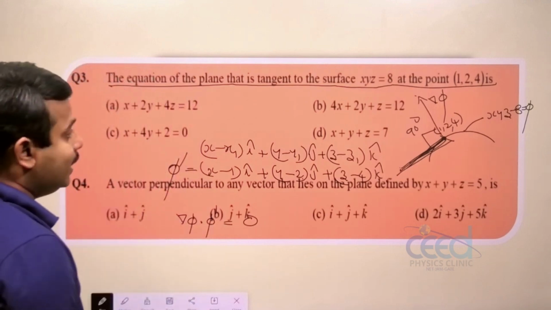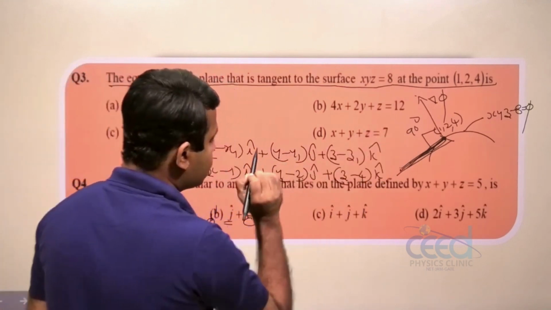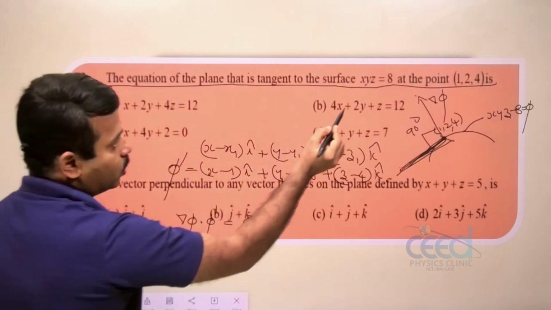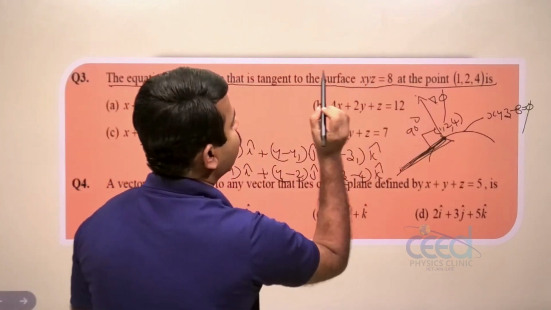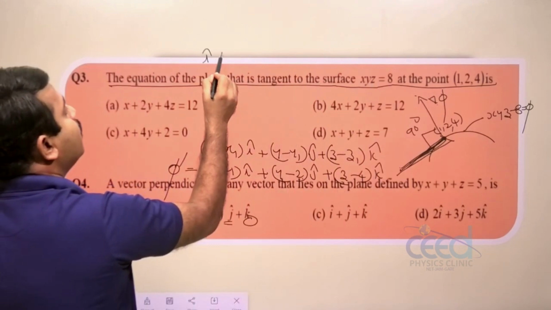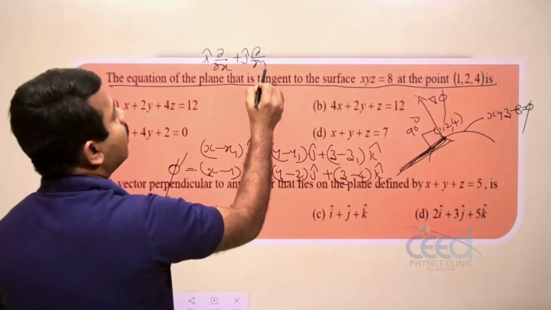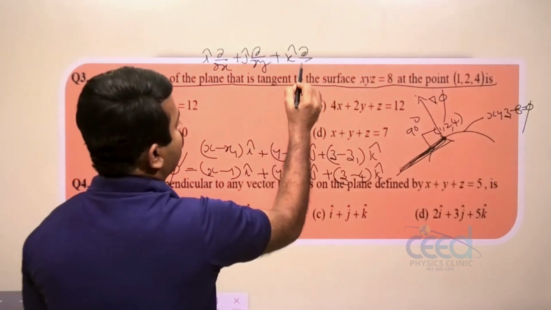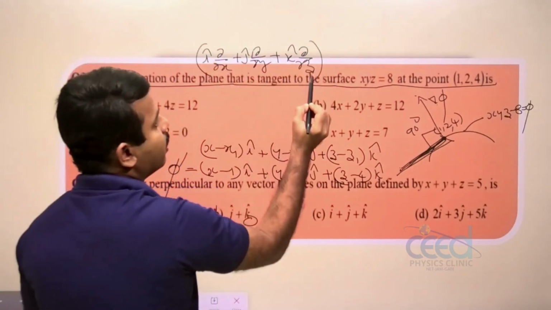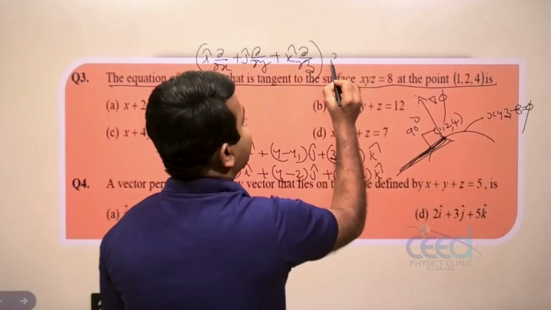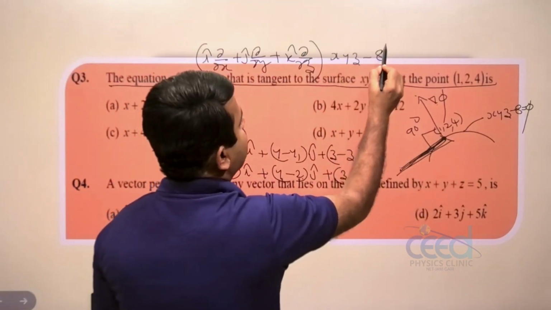So how do we represent this dot product? First you find gradient phi. What is gradient phi? It is i cap dou by dou x plus j cap dou by dou y plus k cap dou by dou z. This is the gradient operator, and the function is xyz minus 8.